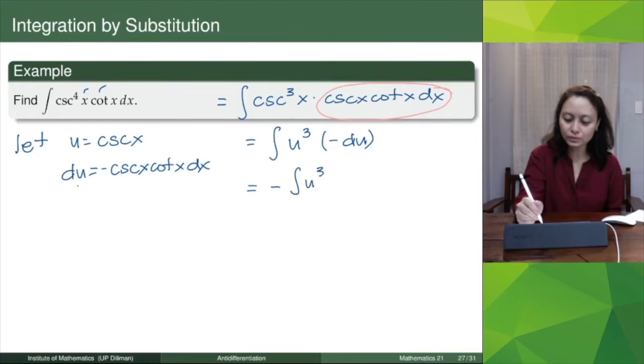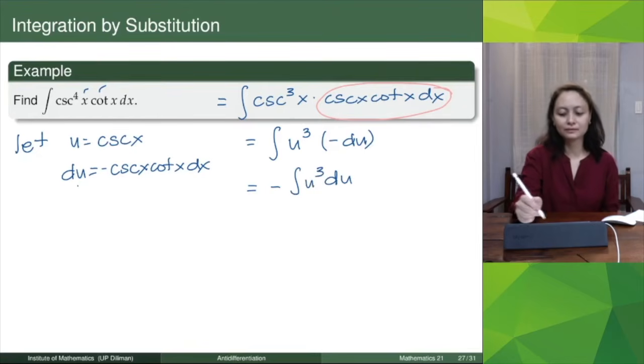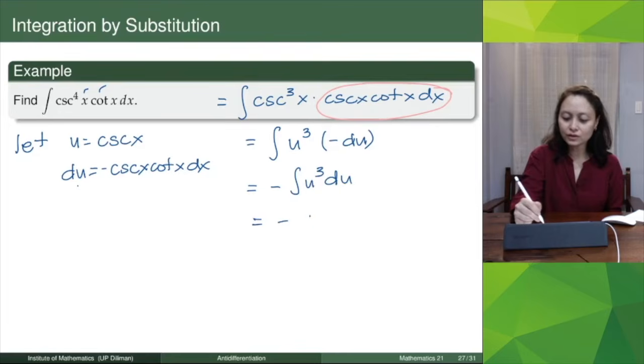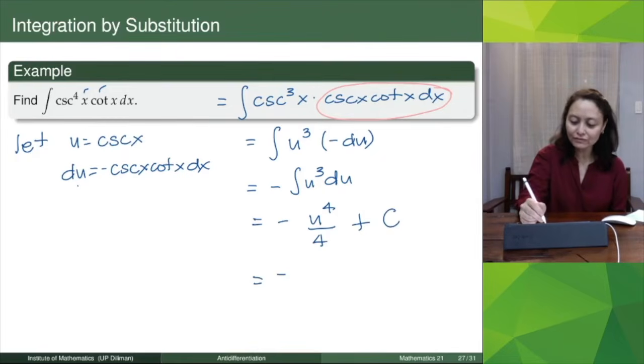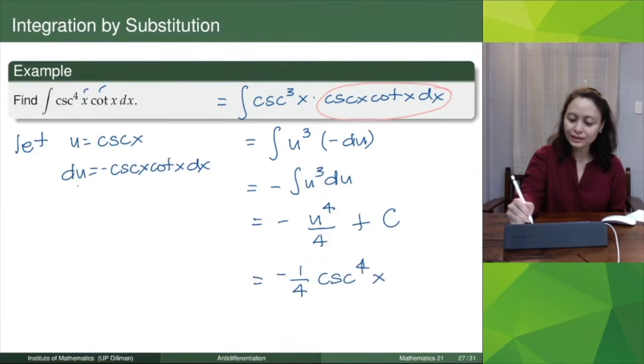Antiderivative of u cube du ay negative u raised to 4 over 4 plus c. Okay? Then just replace u by cosecant x. So, you have negative 1/4 cosecant to the 4th x plus c. Okay?